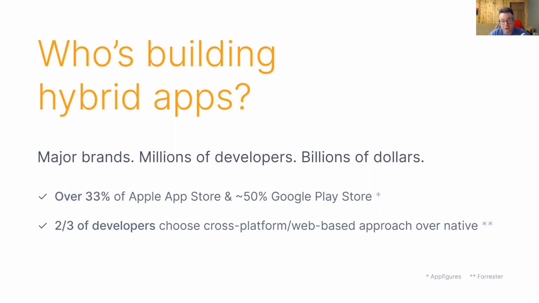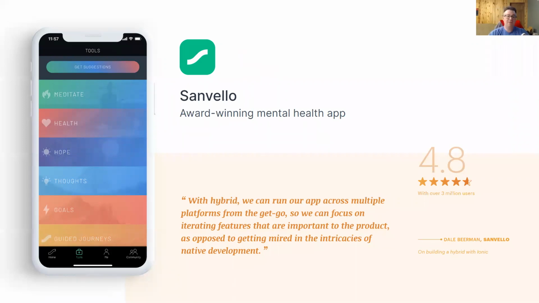So what does that actually translate to? We're talking major brands that are building using hybrid app technology, millions of developers embracing it, and billions of dollars at stake here. We have endless examples, but here's just one that I particularly wanted to highlight, especially in these times. Sanvello is an award-winning mental health app with millions of users and really high ratings on the app stores. Go check that out.